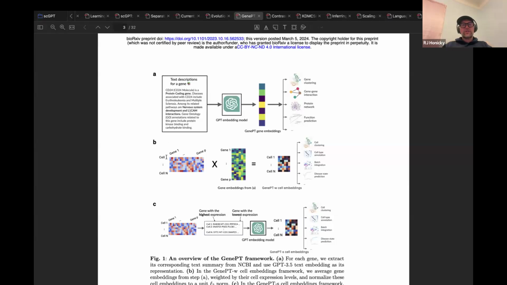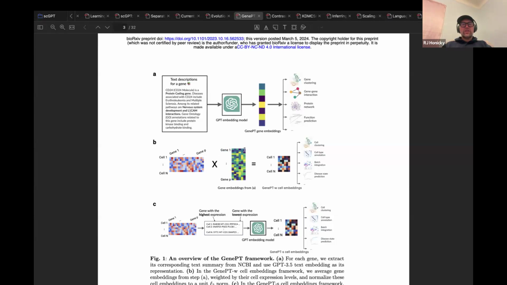That's what this matrix is. And then what you do is you take the embeddings from GPT or whatever, in this case GPT, and you just weight them by the expression level in that particular cell, right?